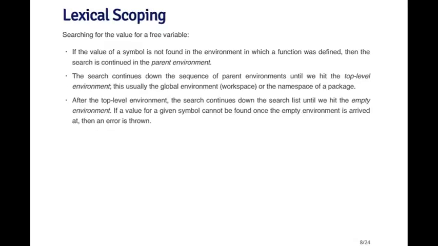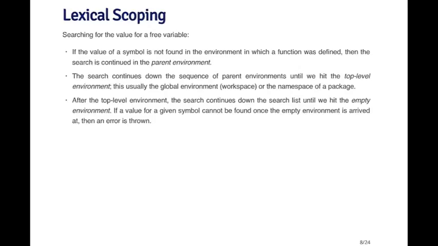So if you're in a function and you encounter a free variable in that function, what happens? The first thing you look for is the environment in which the function was defined. So, for example, if I define a function in the global environment, then the global environment is the environment in which the function was defined. So if I see a free variable in this function, and I can't figure out a value inside the function, then I'm going to look in the global environment because that's where the function was defined.